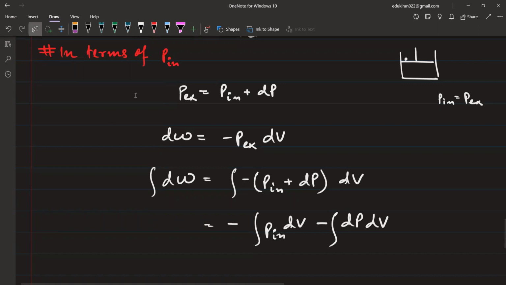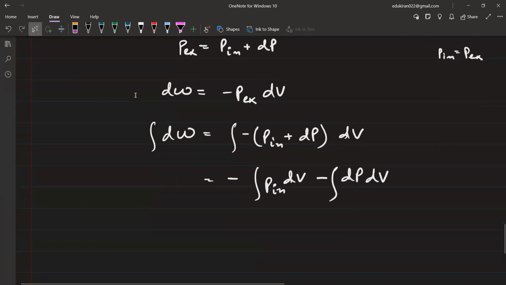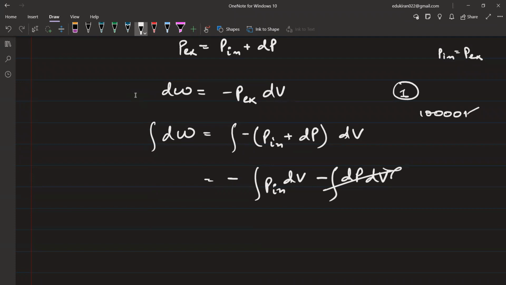Now, this dP is a small pressure and dV is what? It is also a very small volume. So we can neglect this thing in comparison to this P internal into dV. Okay, in comparison to this, we can neglect it. 1 rupee, you can never neglect 1 rupee. But if you have 1,00,000 rupees, then you can neglect this 1 rupee. Okay, so the same thing, we have P internal into dV.